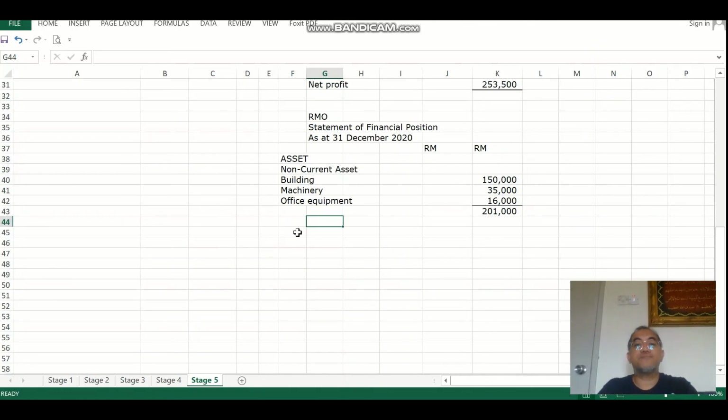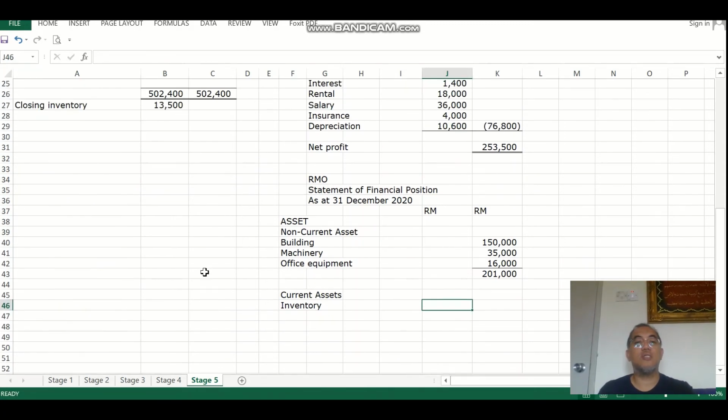Alright, and we have current asset. Our current asset starting from closing inventory, or I just put inventory. So inventory is how much just now?